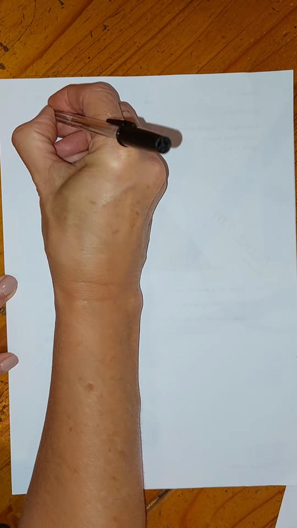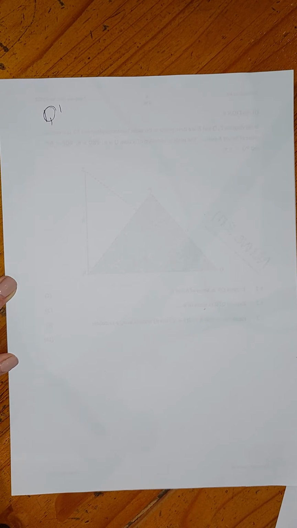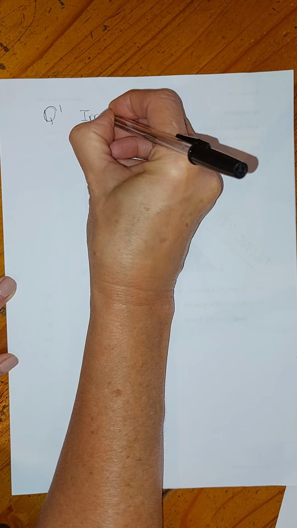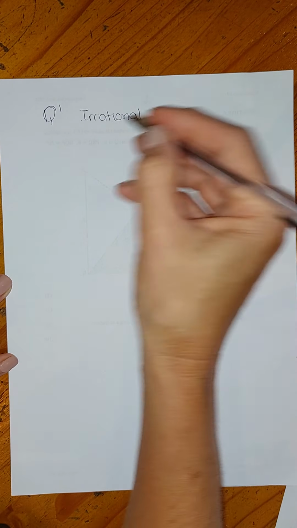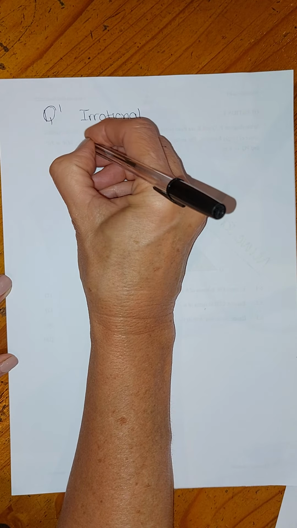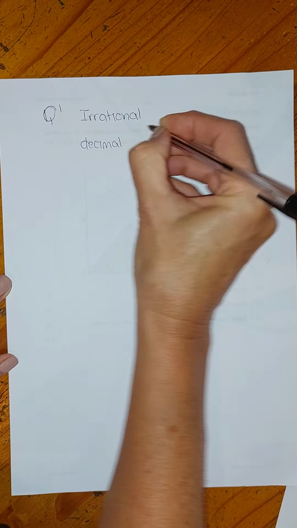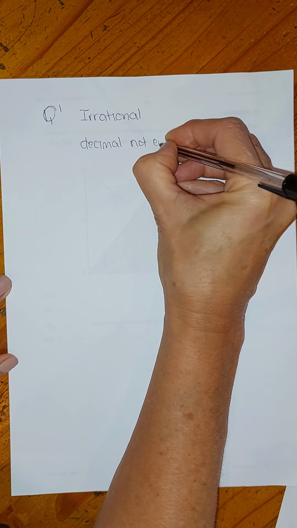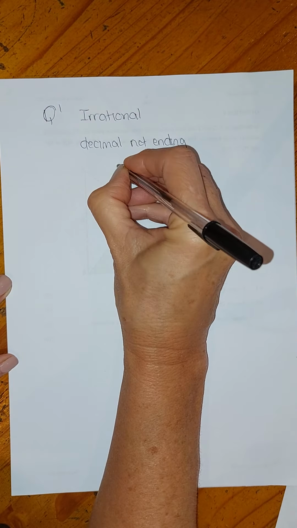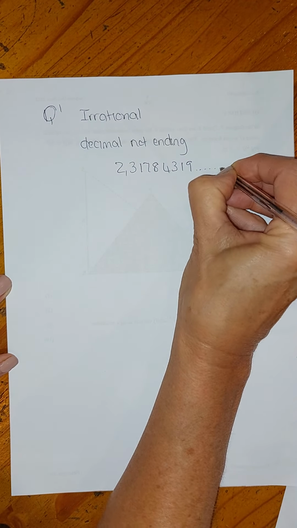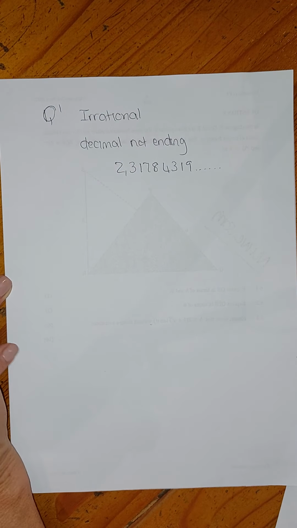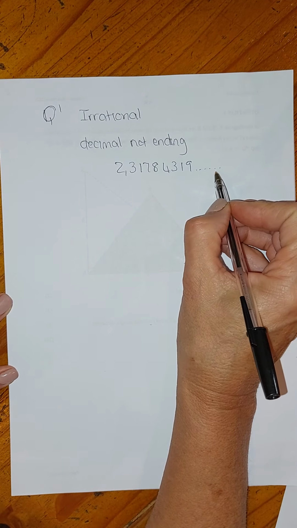Then we have our irrational numbers. The symbol that we use is Q with an accent. The irrational numbers are all the numbers that are decimals that do not end. Something like 2,31784319 and so on is an example of an irrational number.